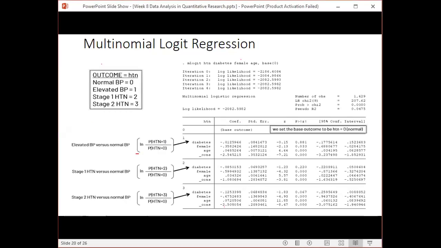Okay, the multinomial logit regression. So that also follows a similar interpretation, right? And so you get to see that it also comes with p greater than z, right? So all of these are your p values. So they are the ones that you look at and then find out if you are going to reject the null or not. So you see this 0.00 is clear.